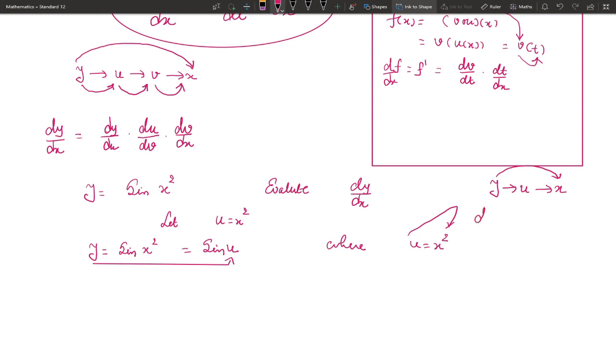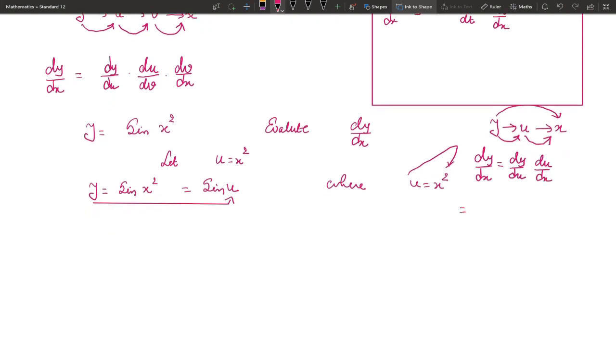So dy by dx, according to chain rule, dy by du into du by dx, because y is a function of u and u is a function of x. So this is nothing but d by du of y, that is sine u, into d by dx of u, that is x square.